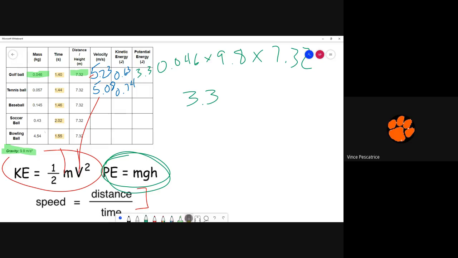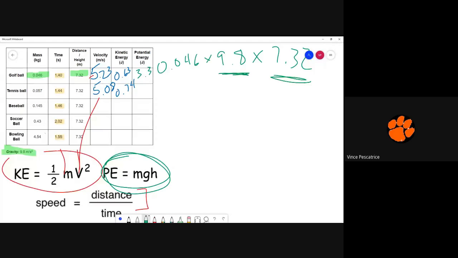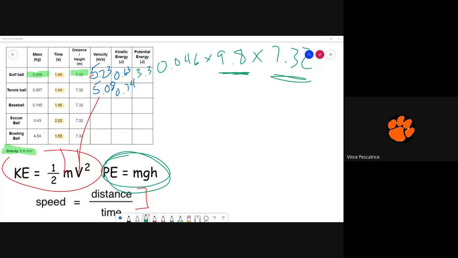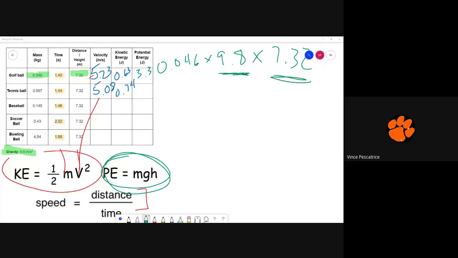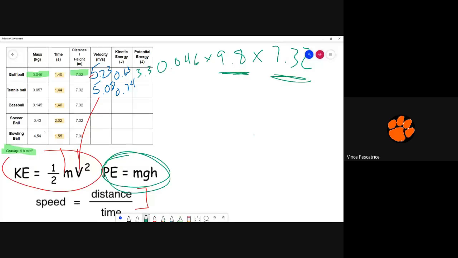So one thing you should notice is that the gravity and the height will not change in these experiments, because the gravity and the height stayed the same the entire time, because we're dropping it from the same distance, so the height should be the same every time.